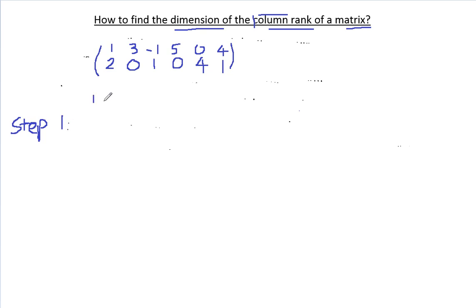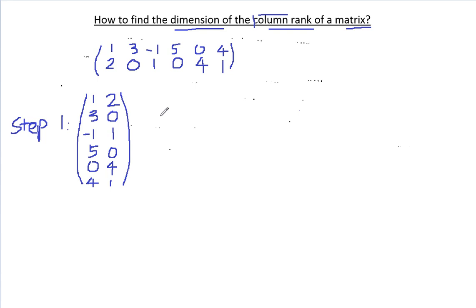It will be written as this: 1 2 3 0, minus 1 1 5, 0 0 4, 4 1. So we turn the columns into rows. Step 1 done.